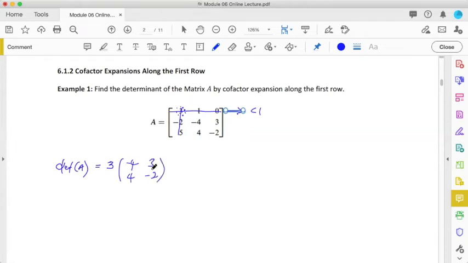this matrix. So next, you take these coefficients. So you got 1. So when you cover column 2 and row 1, you have this small 2 by 2 matrix given by this.